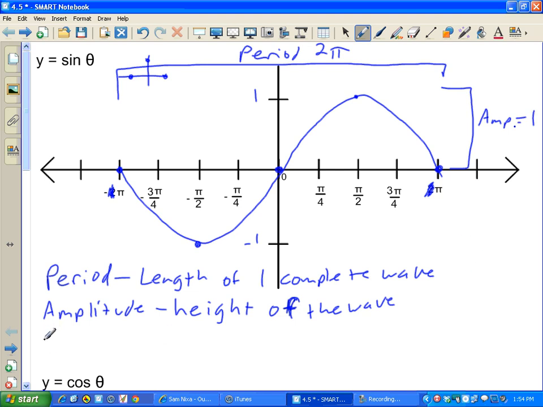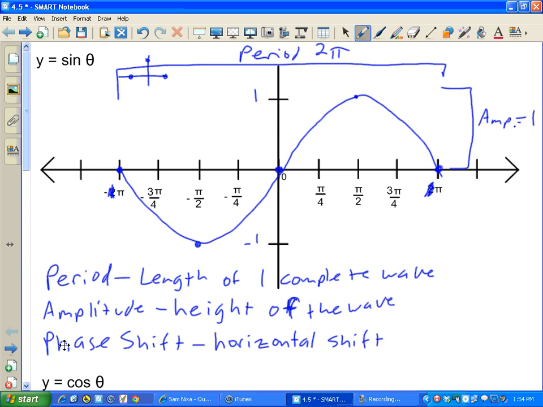Another word you're going to have to know is the phase shift. This is the horizontal shift of the wave. It's called a phase shift because of science.